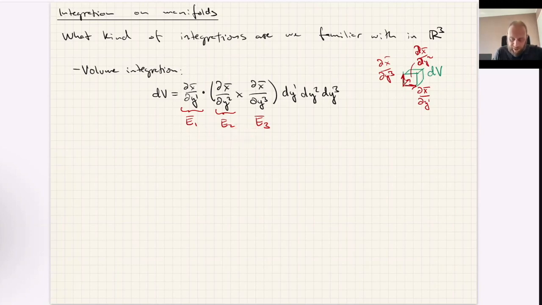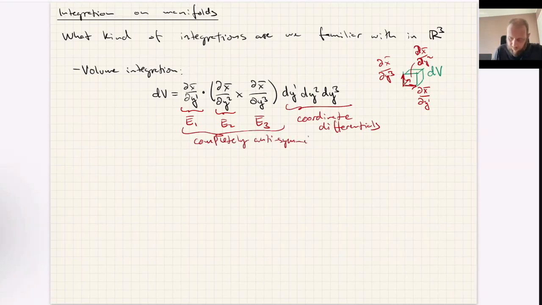And the same thing if I change E3 and E1. There are minus signs, so this is alternating depending on how I write them. So these are the coordinate differentials, and then you have something completely antisymmetric in front.